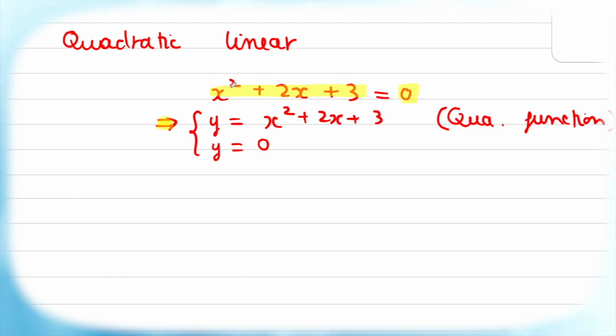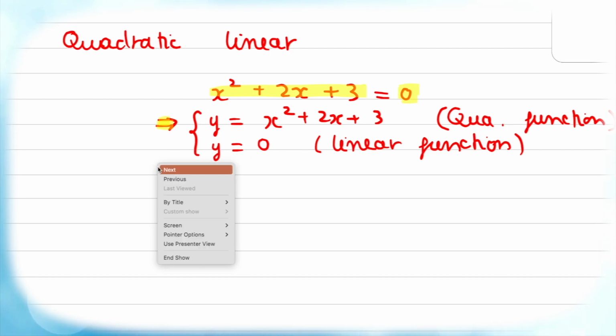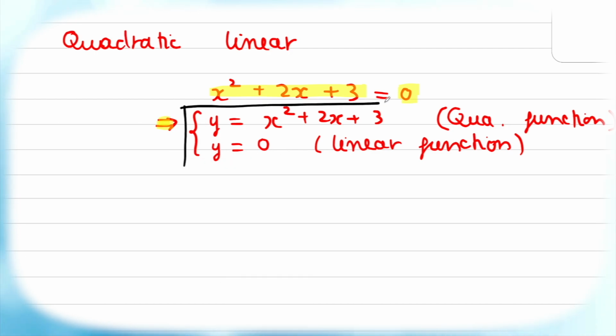One side is the quadratic function, and the other side only has y equal to 0, which is a linear function. In the second form, you get y equal to x squared plus 3 and y equal to 0.